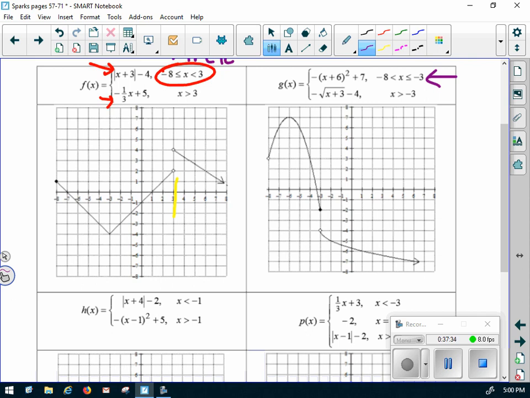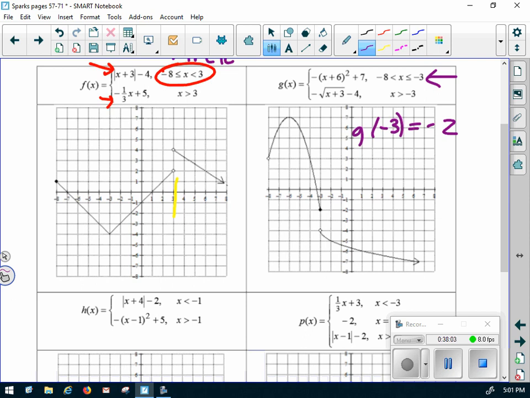Let's look at g of x. Is the function g of x defined when x equals negative 3? Sure is. G of negative 3 we said was negative 2. Now, the next thing we looked at was what's the behavior of the graph from the left side of negative 3 and the right side of negative 3.